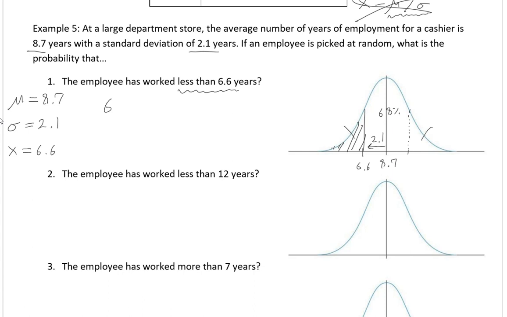So if I do 68 divided by 2, or sorry, not 68 divided by 2. If I do 100 minus 68, that gives me 32.